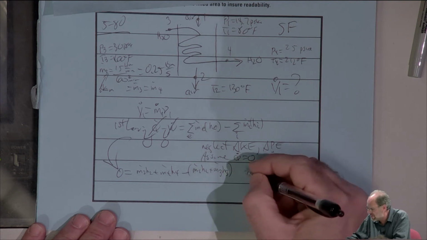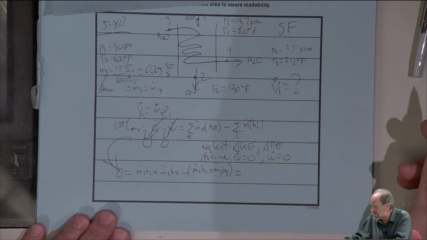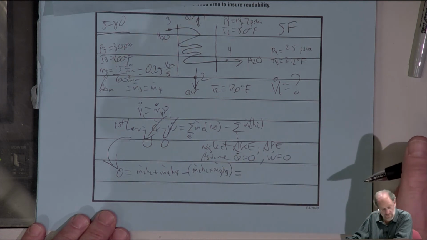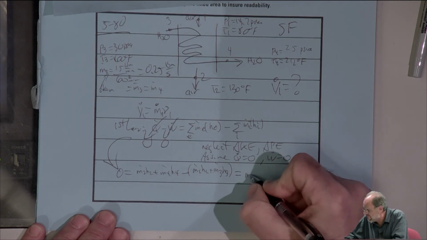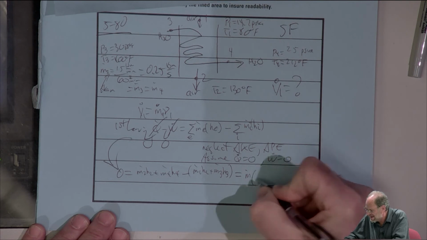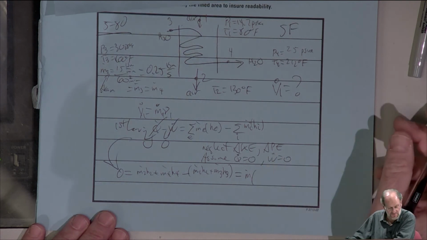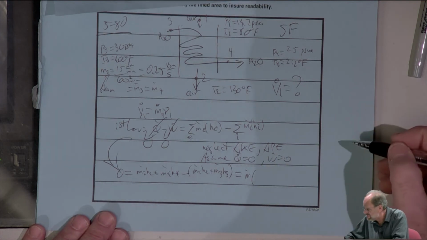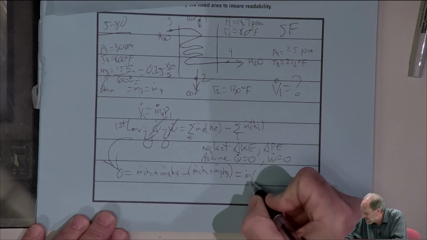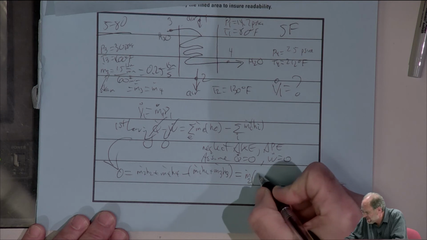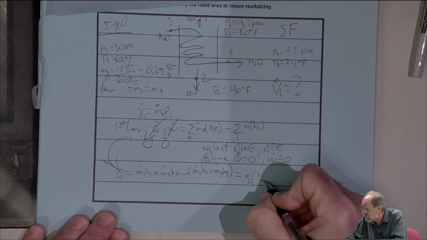Now let's just combine the terms that deal with water and then further combine the terms that deal with air. So we have m dot 1 and m dot 2 times H2.